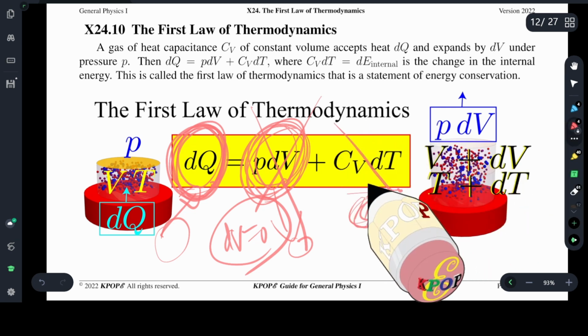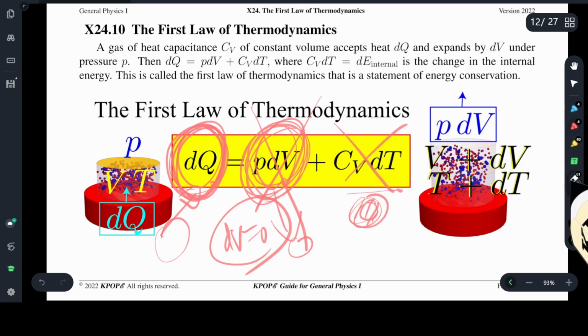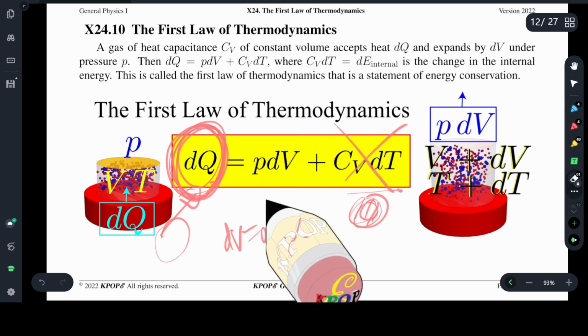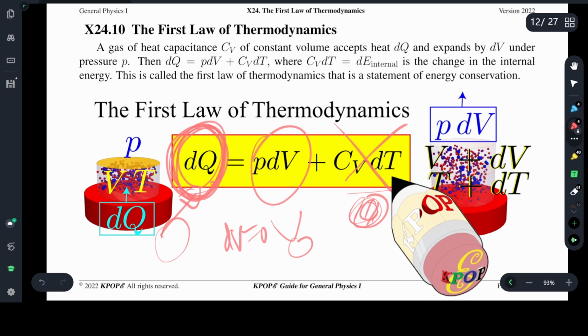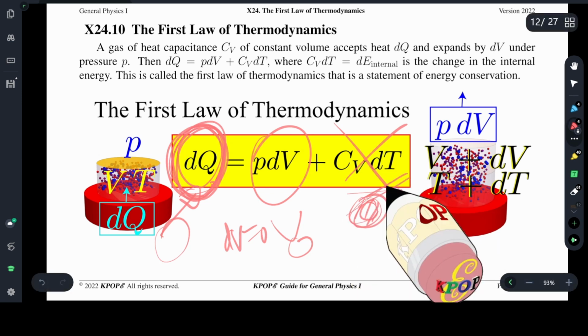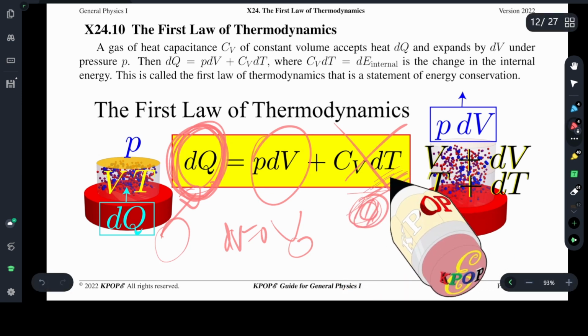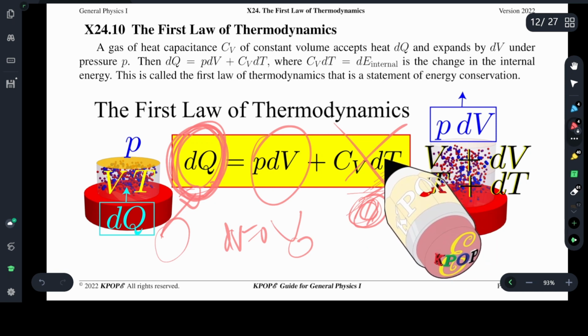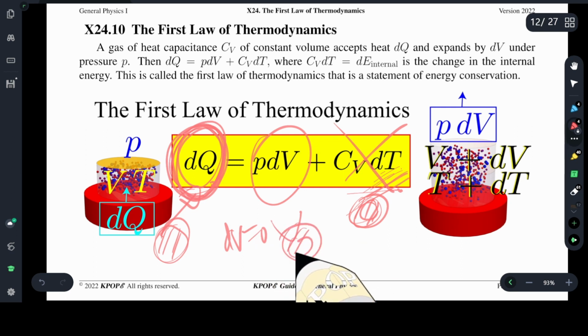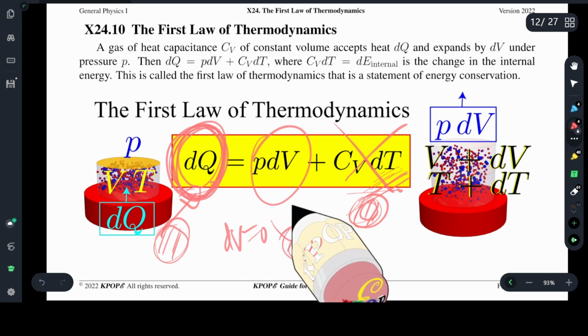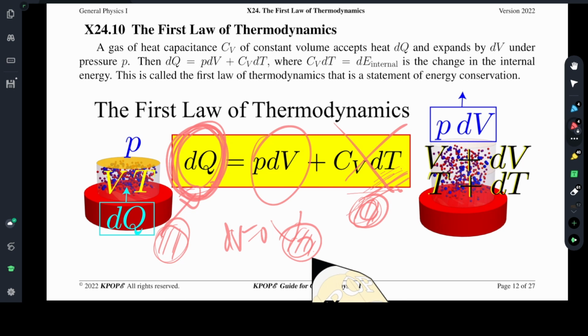So this one disappears, and the only thing we have is the work done by the gas. That means because there is no change in the internal energy, nothing is left. That means the energy accepted by the system has been transferred to the environment by work. Heat is completely transferred to work. Okay.